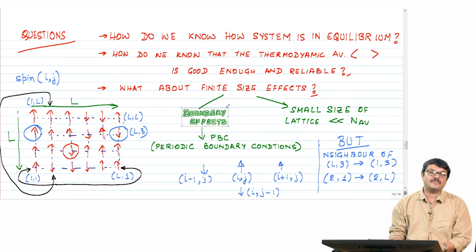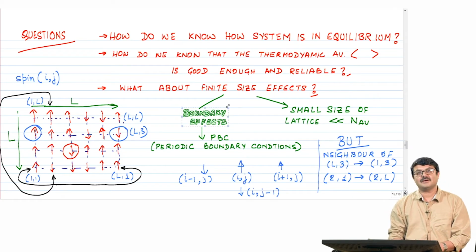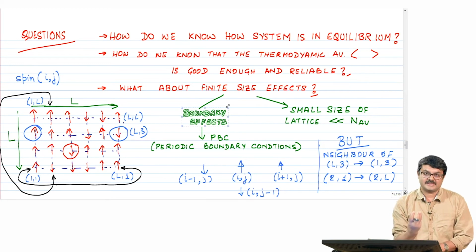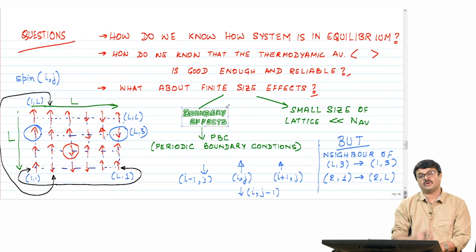But the number of atoms sitting on the surface of a macroscopic thermodynamic sample is relatively few, much smaller than the number of atoms in the bulk, where atoms are surrounded by 4 atoms if you are talking of a 2D system, or 6 atoms if you are talking about a 3D cubic lattice. Of course, you could also have triangular lattices.